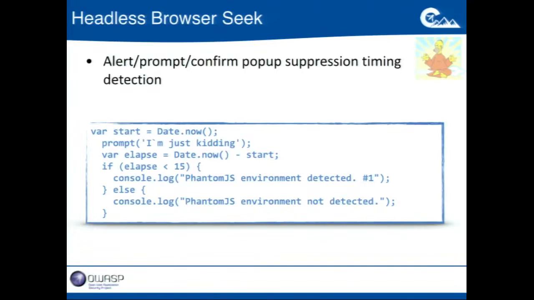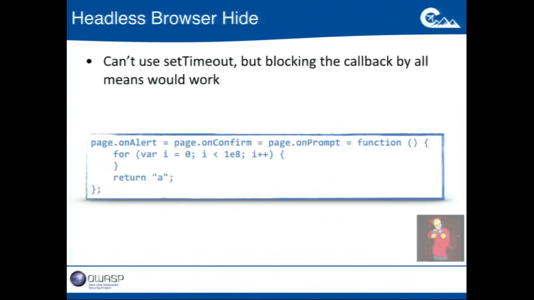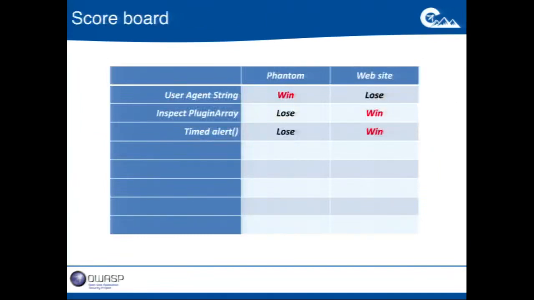So you cannot do that asynchronously, meaning that if you really want to wait more than 50 milliseconds inside prompt, you will have to wait synchronously, which means you have to run an empty loop for like 10 million times and then you return. This is the callback from Phantom.js for all the alerts that are issued from inside the page. And this is horrible because your Phantom.js can be doxed by the website. So this time, the scoreboard will show that Phantom.js loses and the website wins. Okay.